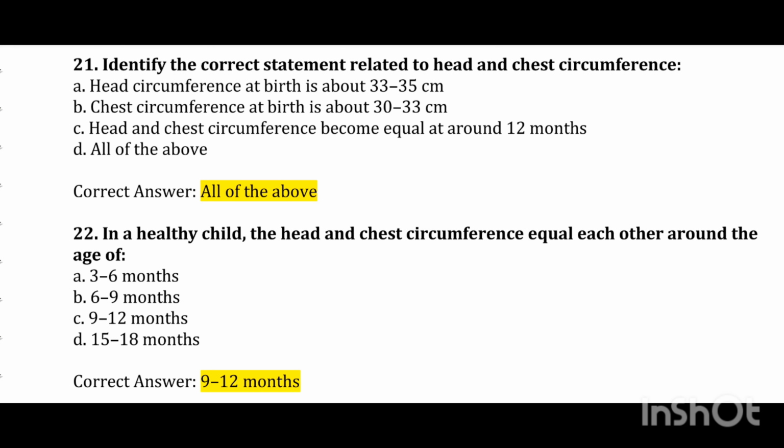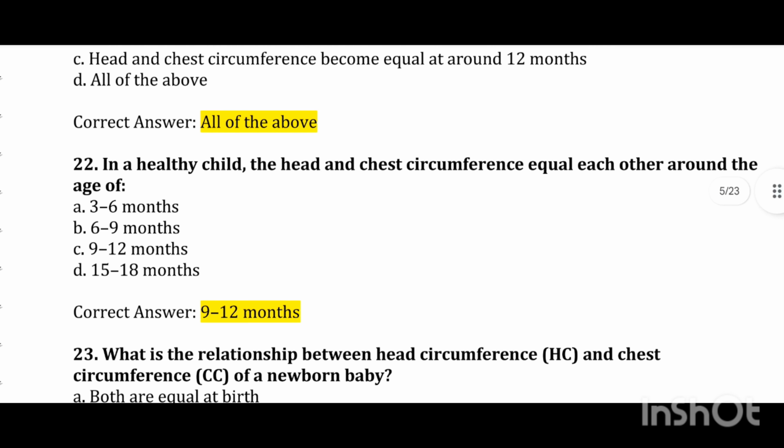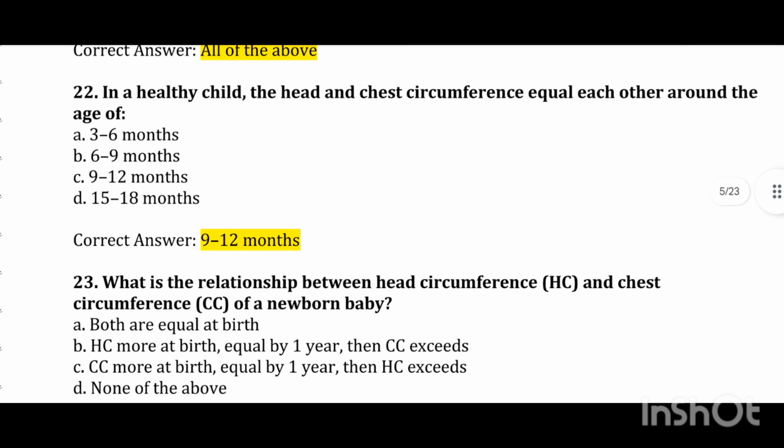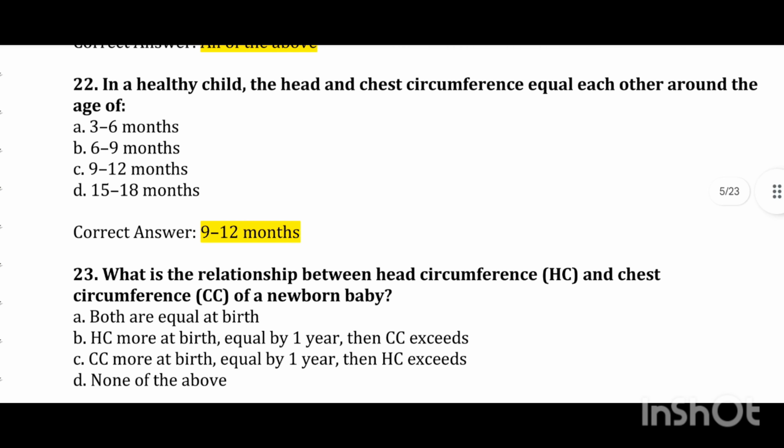So next come to question number 23. What is the relationship between head circumference and chest circumference of a newborn baby? The options are: both are equal at birth, then chest circumference exceeds by 1 year; head circumference more at birth and equal by 1 year, then chest circumference exceeds; chest circumference more at birth and equal by 1 year, then head circumference exceeds; and option D is none of the above.